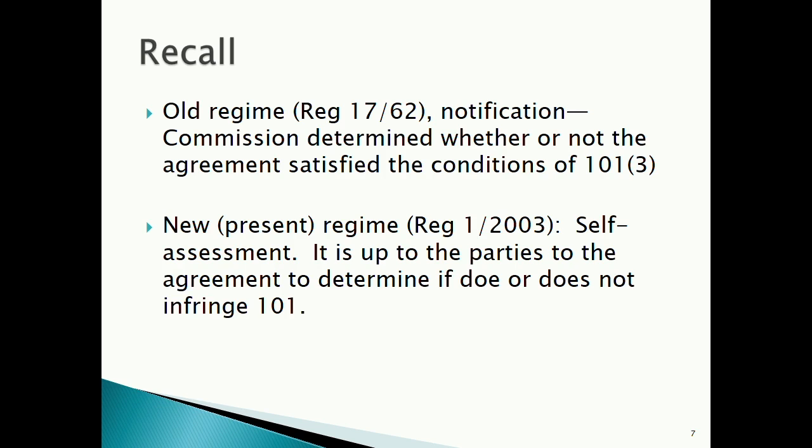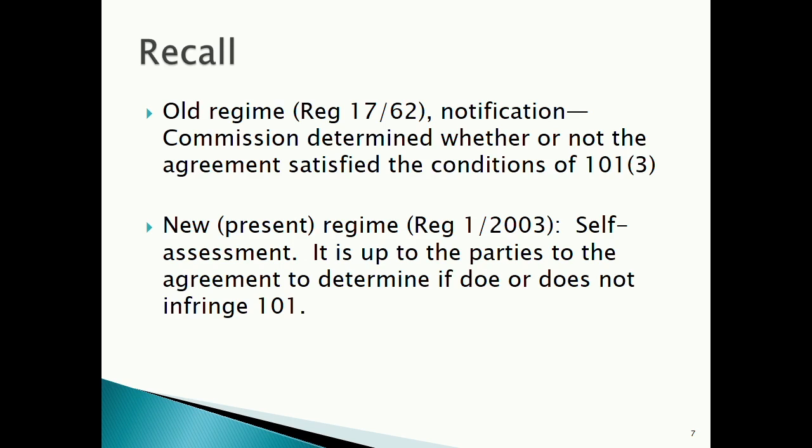Many years in a lot of cases. Okay? The problem with that is that the companies involved couldn't put into place their arrangements. The market may have changed in a couple of years, so on and so forth. Real problem. So that was the bad part of the old days.